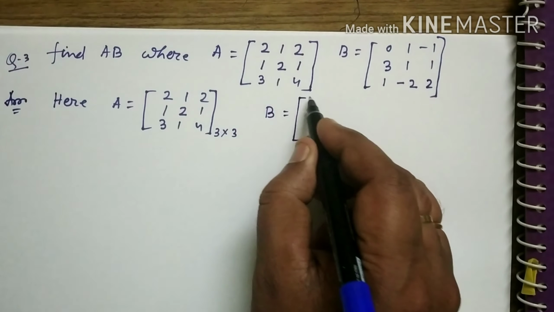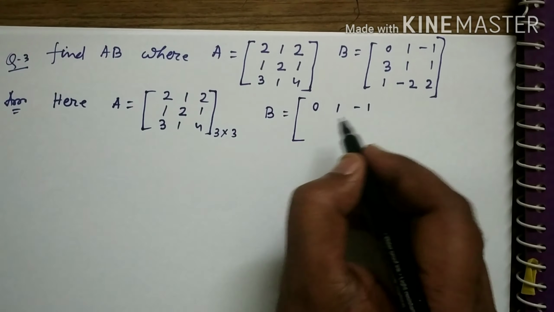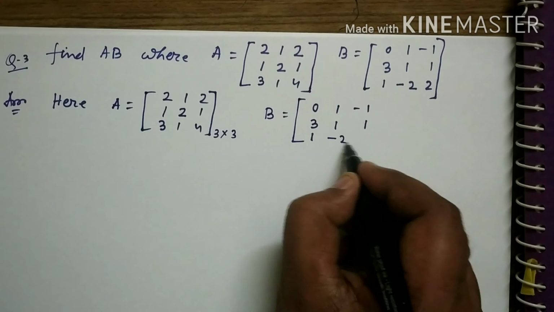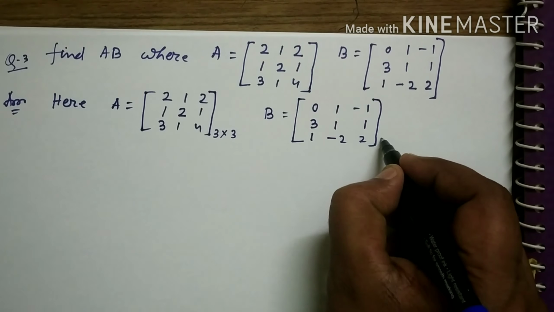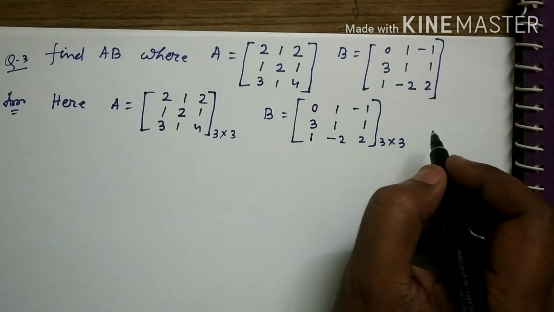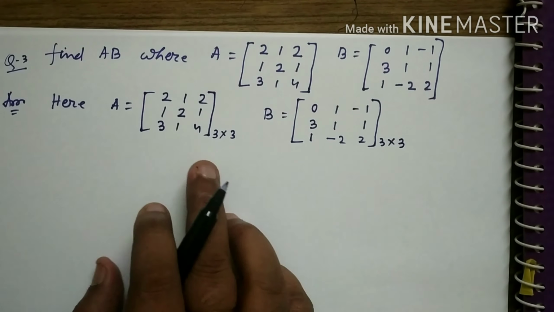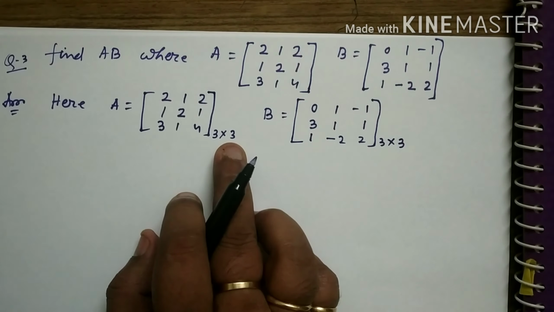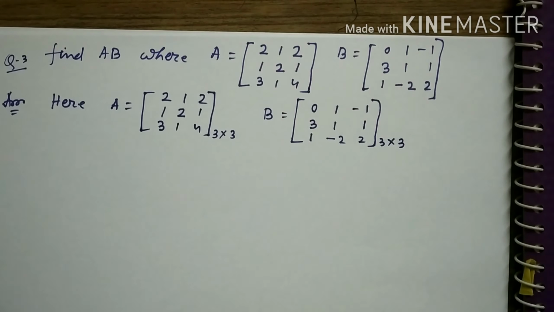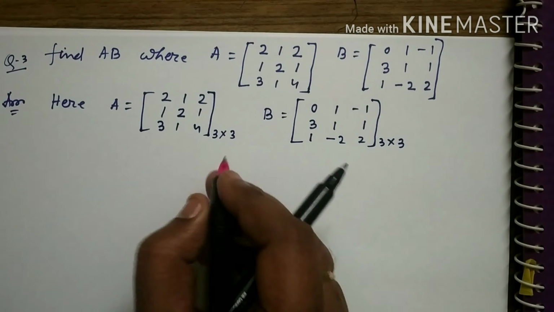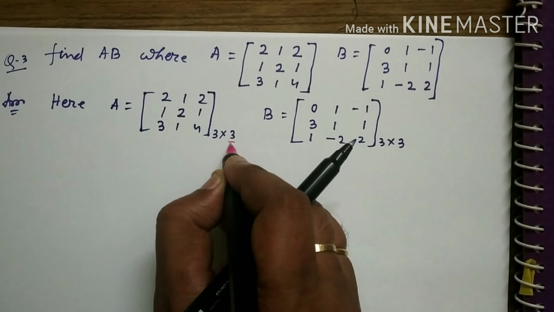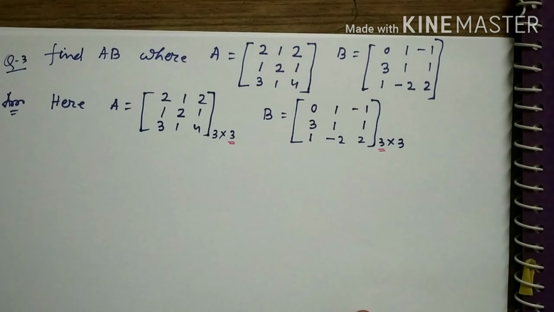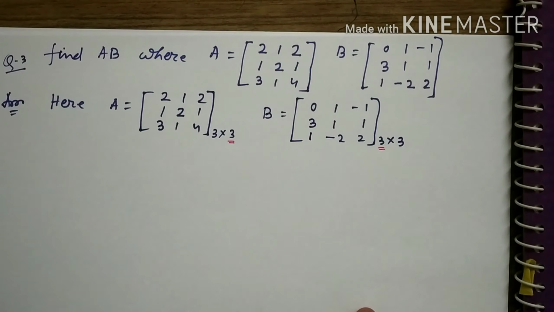B is [0 1 -1; 3 1 1; 1 -2 2], that is also 3 cross 3. Already you know that AB is possible if the column number of A is equal to the row number of B. Here the column number of A is 3, and the row number of B is 3. It means AB is possible.